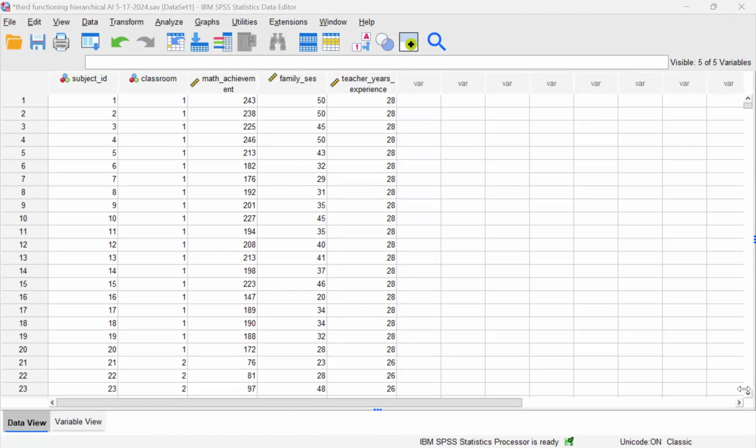And we see that here's our intercept. Here's the fixed effect of family SES. And here's our new predictor, teacher experience, 0.27 units, not significant. As a main effect, it is not significant.